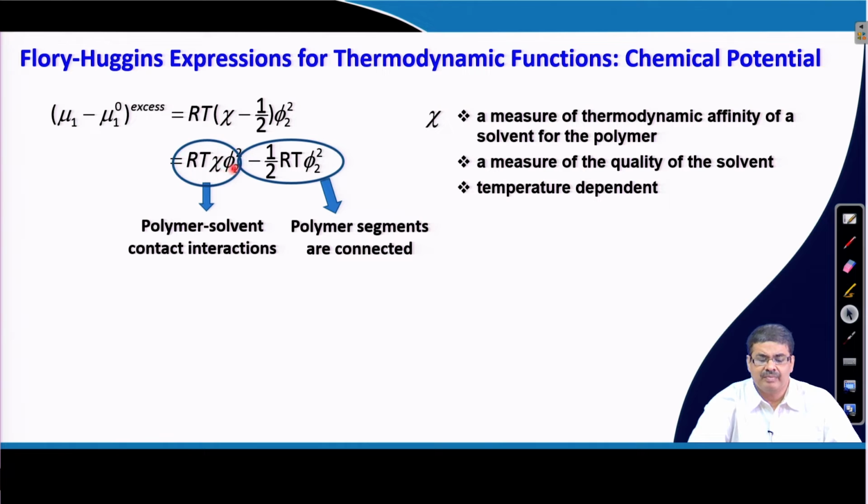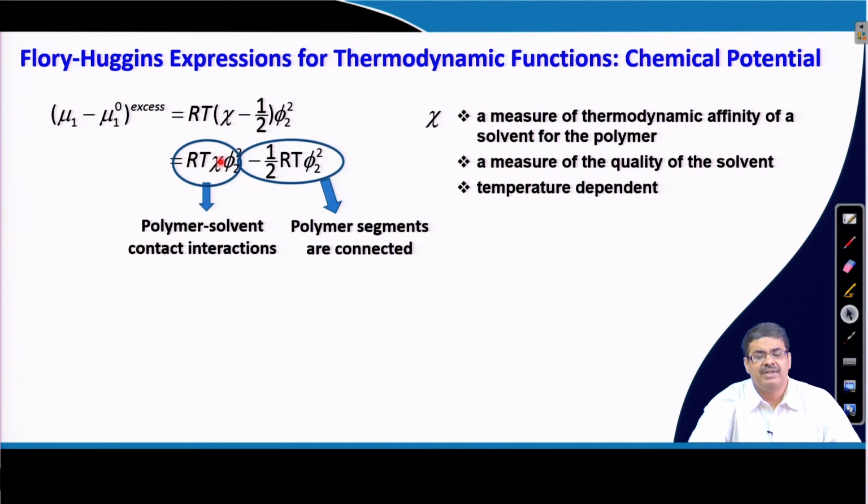Now, this term is a negative term, so it contributes a negative weight in this excess term. Hence, this is the term which basically determines whether the solvent is good or not, and which is indirectly determined by the polymer solvent interaction parameter chi.